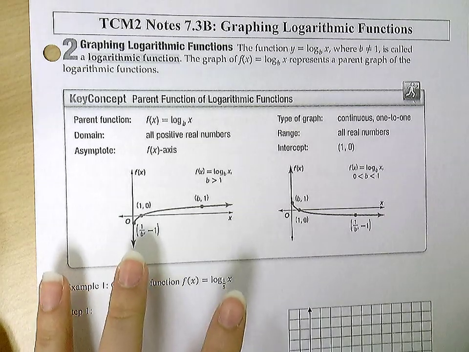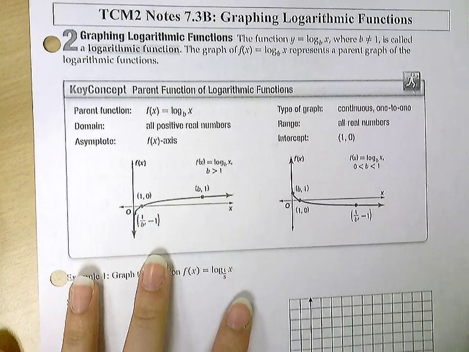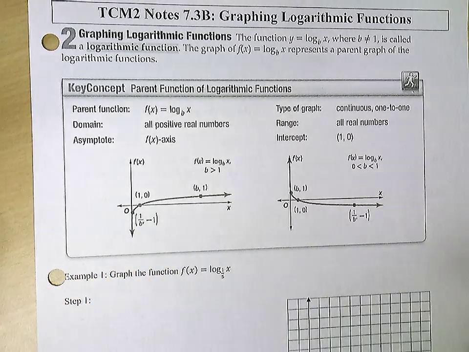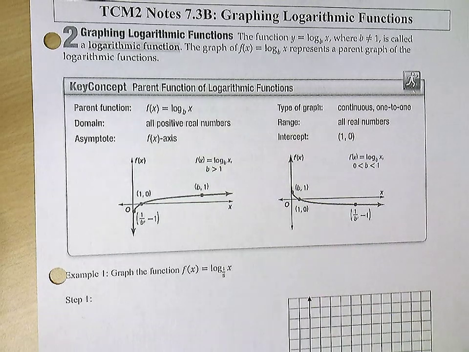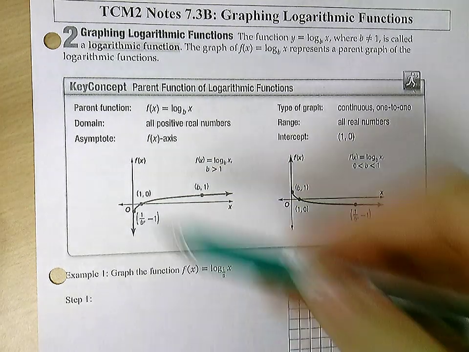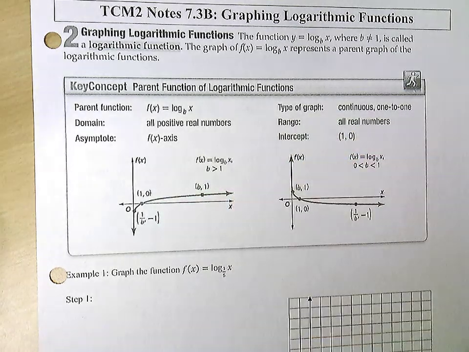You have an asymptote along the y-axis. Before, in our exponential functions, we had an asymptote along the x-axis. Now we have an asymptote along the y-axis. That's this one right here.